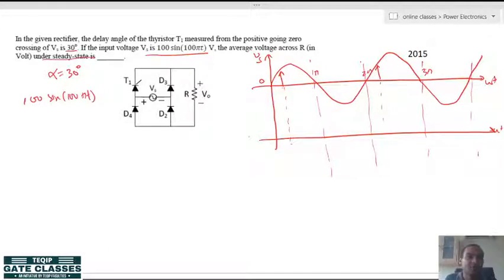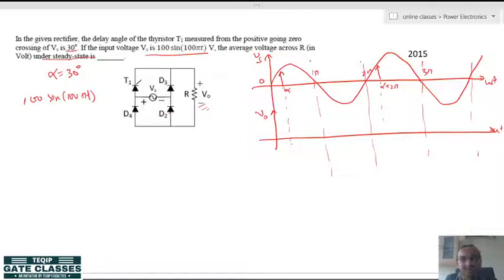Since pure resistance is there, no need to worry about any CCM or DCM mode. When the output goes from 0 to alpha, and alpha to alpha plus 2 pi: in 0 to alpha, the thyristor was not on because of absence of gate pulse, but diode D2 will be on.